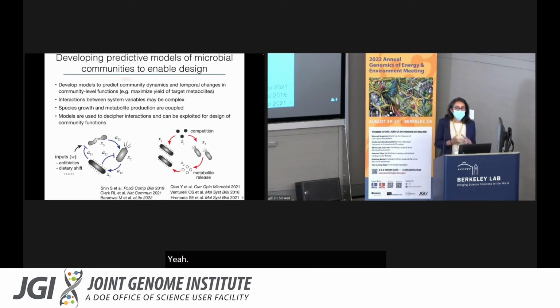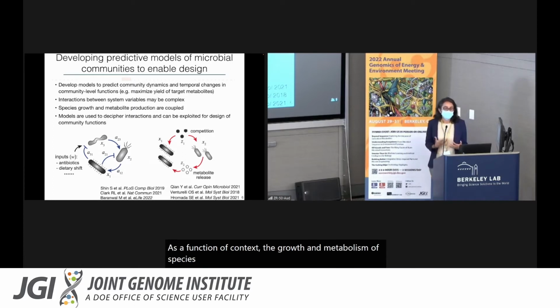The interactions are complex. They can be pairwise, they could be higher order, where the interactions actually change as a function of context. The growth and metabolism of species are coupled, so they're not independent. And so there are feedback loops that arise between the host and the microbial community, and also even within the microbiome itself.